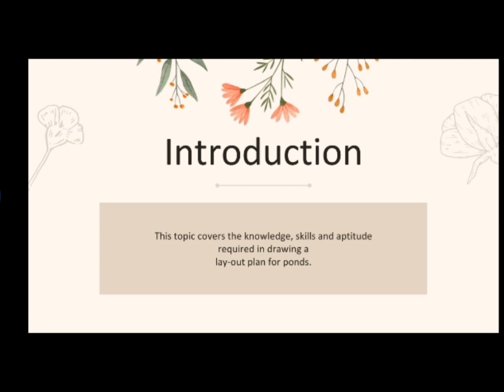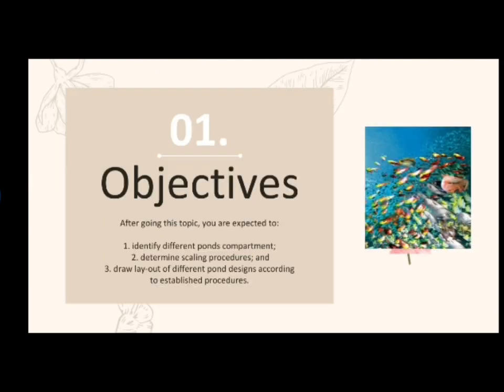So this topic covers the knowledge, skills, and attitude required in drawing a layout plan for ponds. After going through this topic, you are expected to identify different pond compartments, determine scaling procedures, and draw layout of different pond designs according to established procedures.